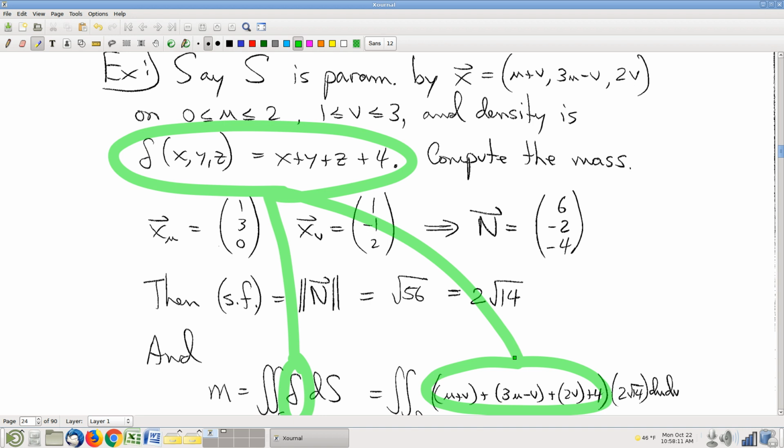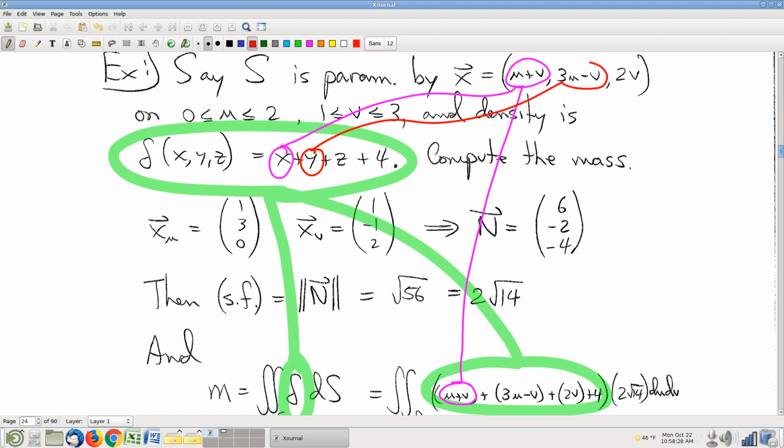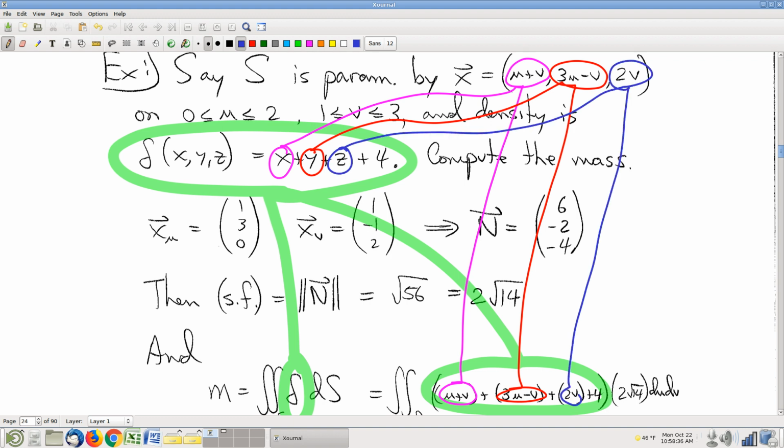Density is x plus y plus z plus 4, but what is x? x comes from the parameterization. y comes from the parameterization, and likewise z. Everybody on board? That's just a rewrite of what density is. Density is a function of x, y, and z. x, y, and z are functions of u and v.